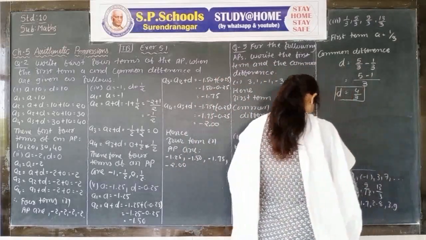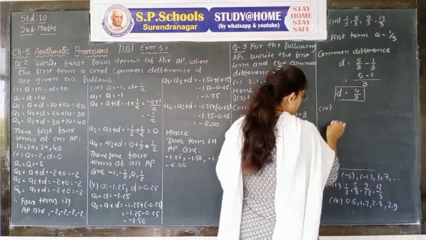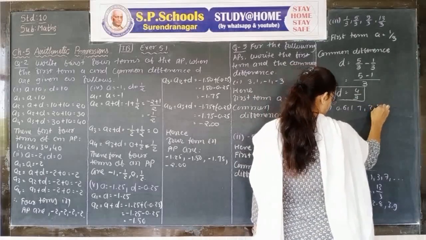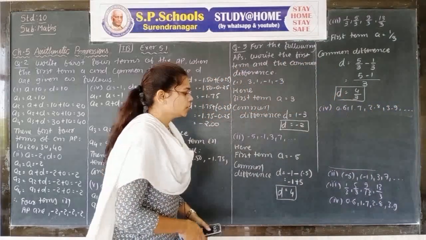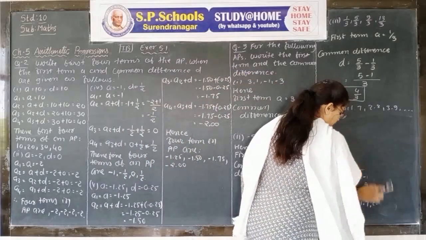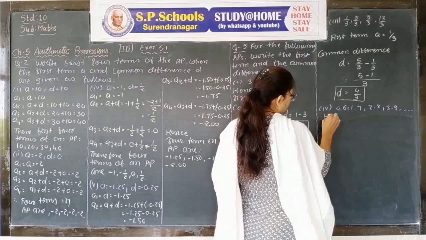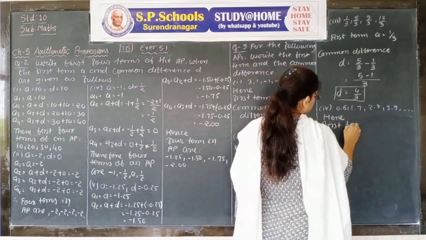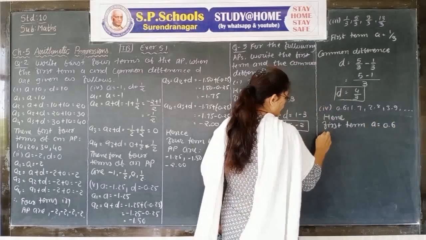See the last one, the fourth one. The fourth is 0.6, 1.7, 2.8, 3.9 up to infinity. The AP is already given. Write A and D. Here the first term A is equal to 0.6.